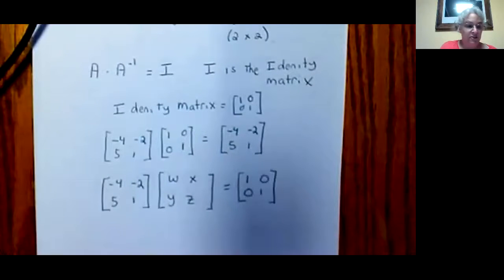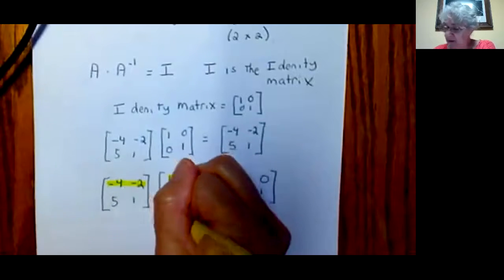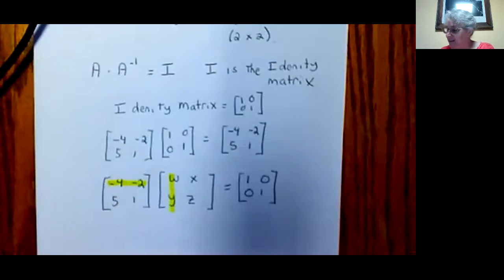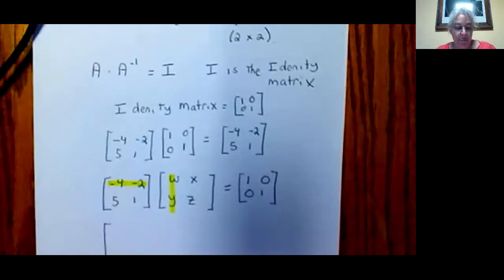Okay, well, let's use matrix multiplication to go ahead and multiply. So we take -4, -2 times W, Y, and we're going to end up with a really kind of ugly looking matrix here, but it's not that bad.